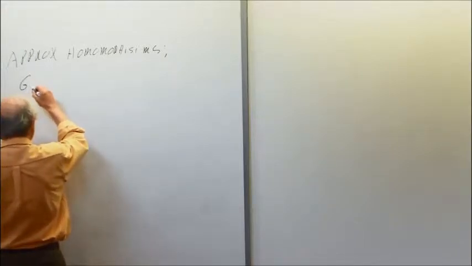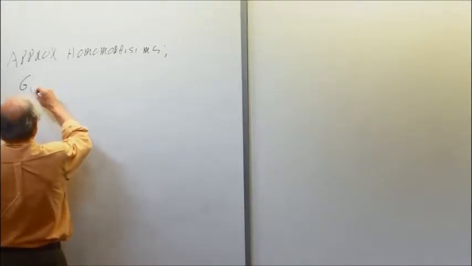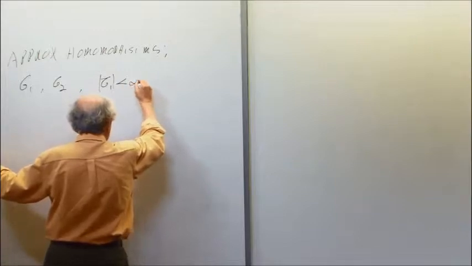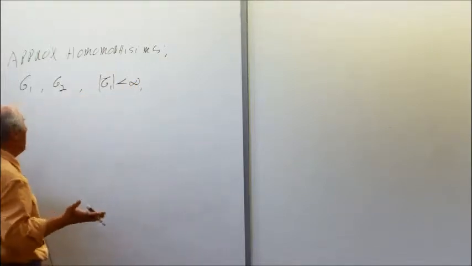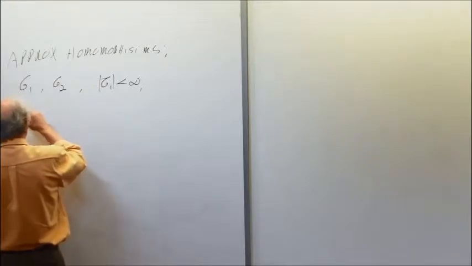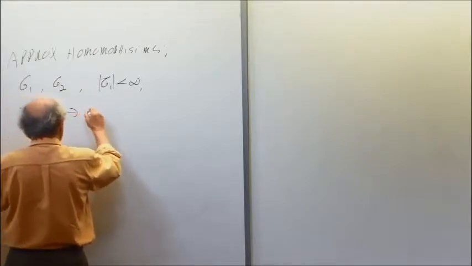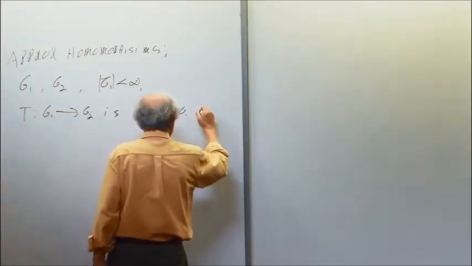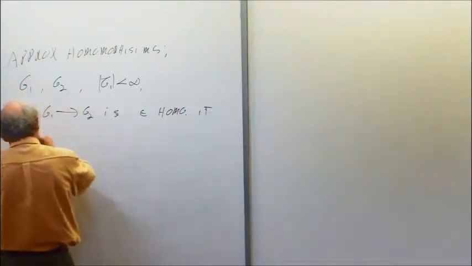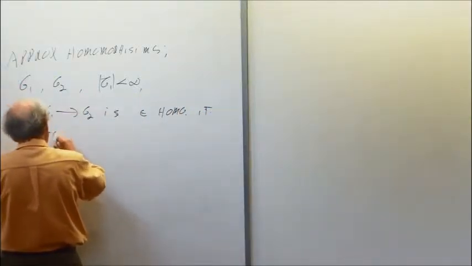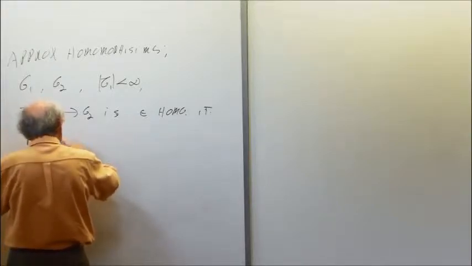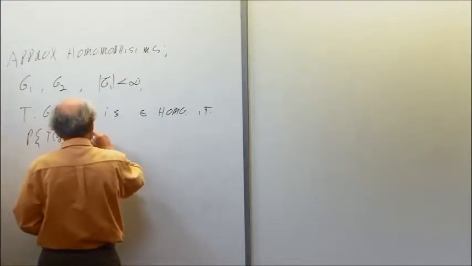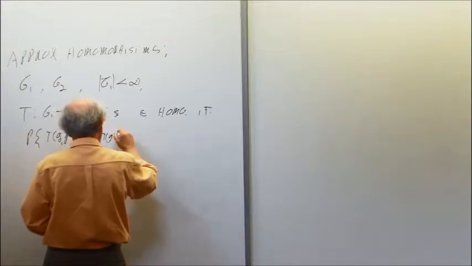So if G1 and G2 are two groups, and say G1 is finite, then a mapping T from G1 into G2 is an epsilon homomorphism if the probability that T of G times G prime, where these are both in G1, is equal to T of G times T of G prime, is bigger than epsilon.